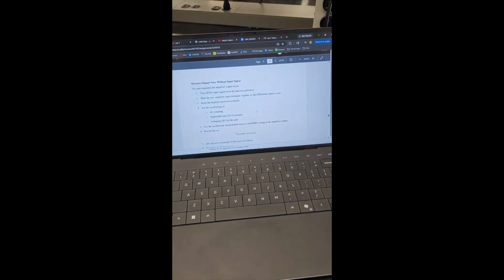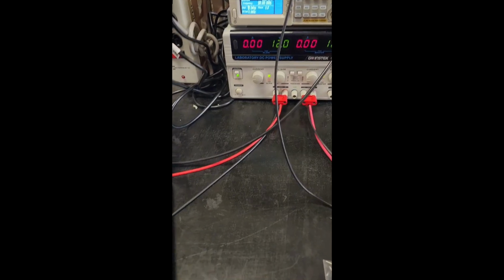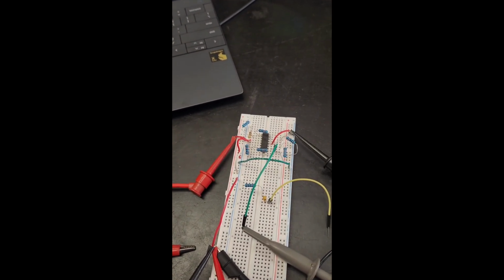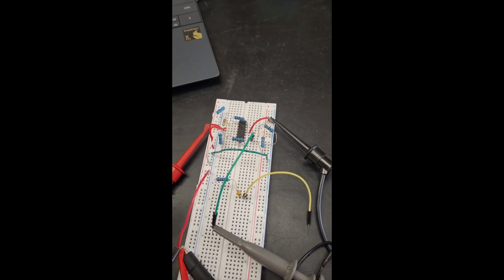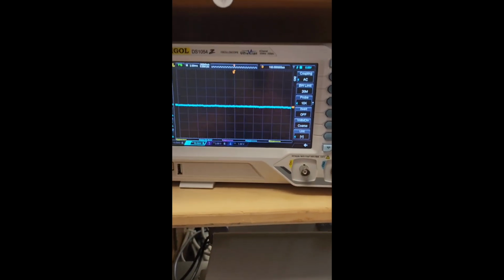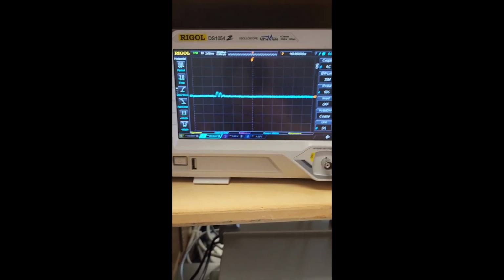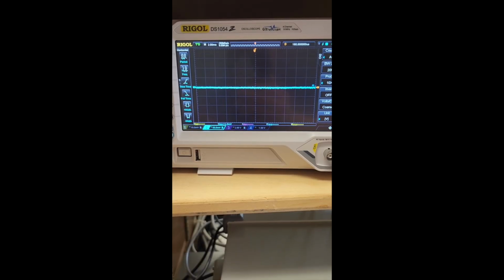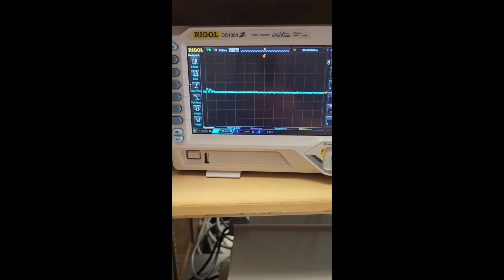Next, we remove the function generator input and we short it, so now we can measure the noise generated from the entire system. As we can see, we get a small voltage peak to peak. The value ranges from about 12 to around 40 at some peaks.